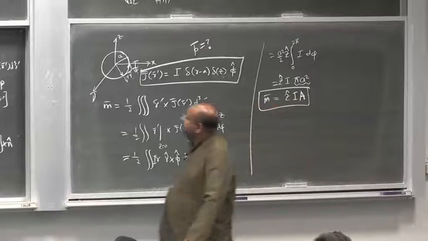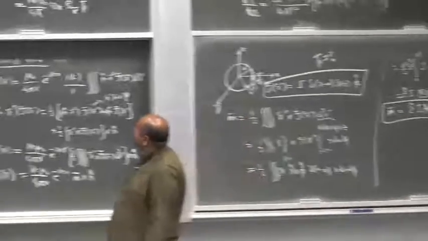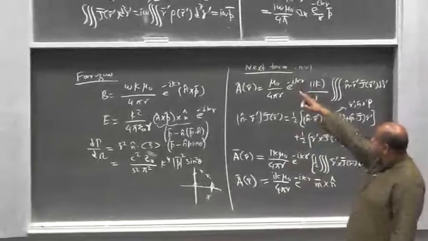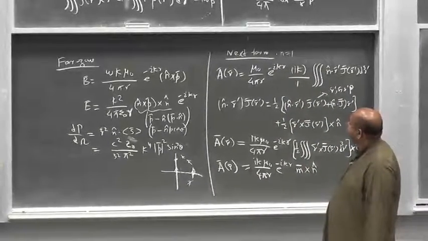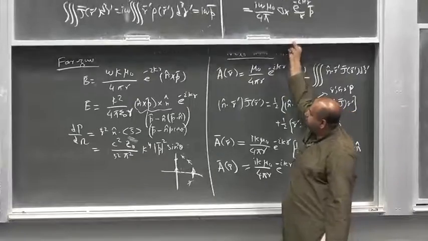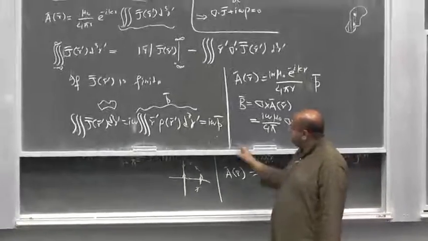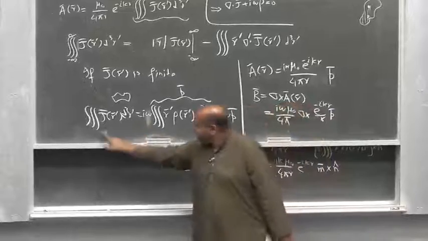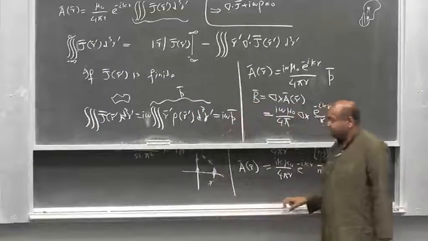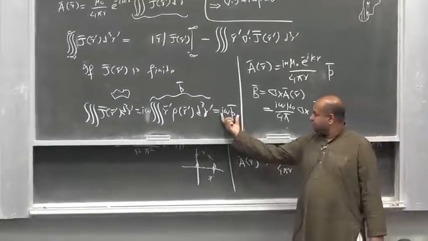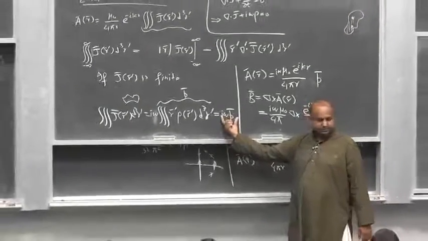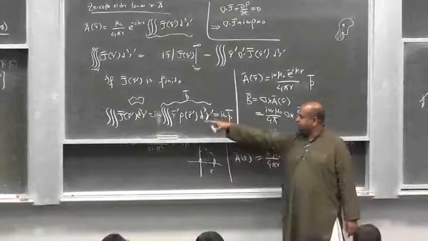The definition of the electric dipole moment is here. So this thing relates the dipole moment. So P is 1 over iota omega of that integral.